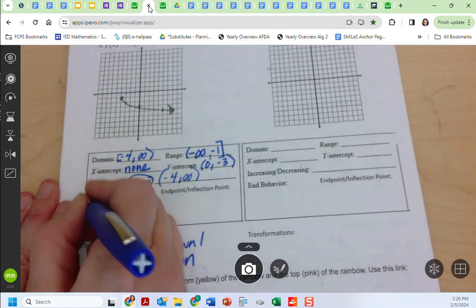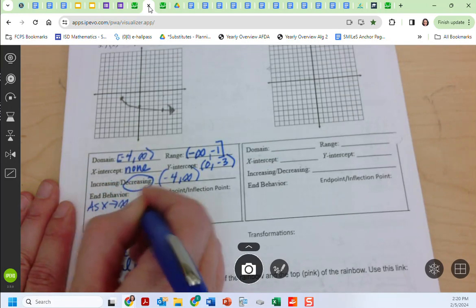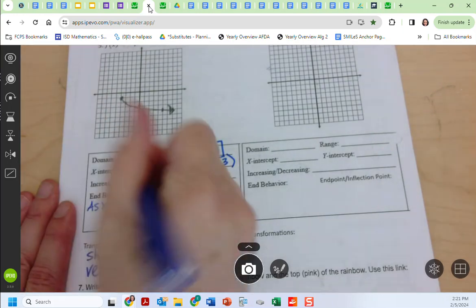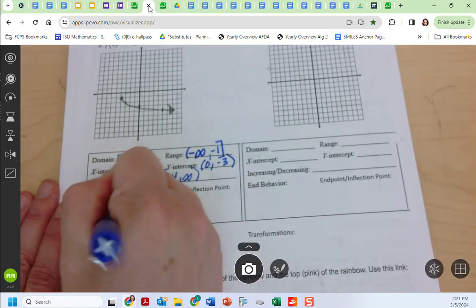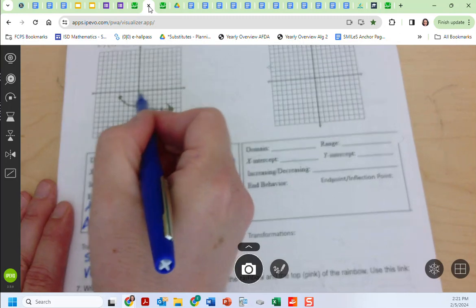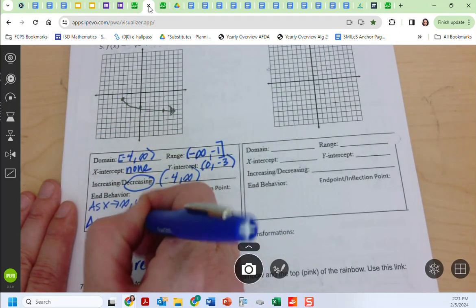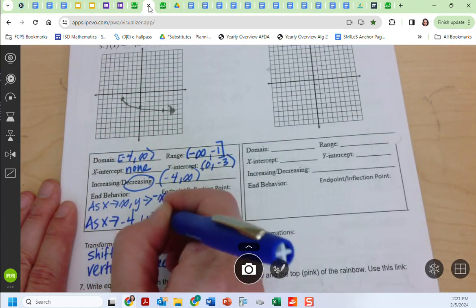All right, and behavior. As x goes to infinity, y goes to what? Thank you. Negative infinity. And then on the left side, as x goes to, what's it going to? -4. As x goes to -4, the y is going to -1.